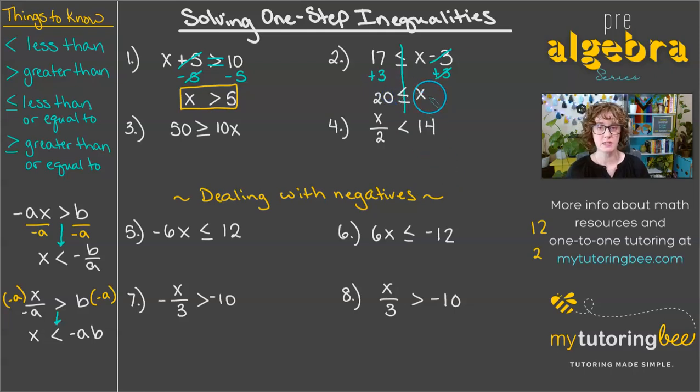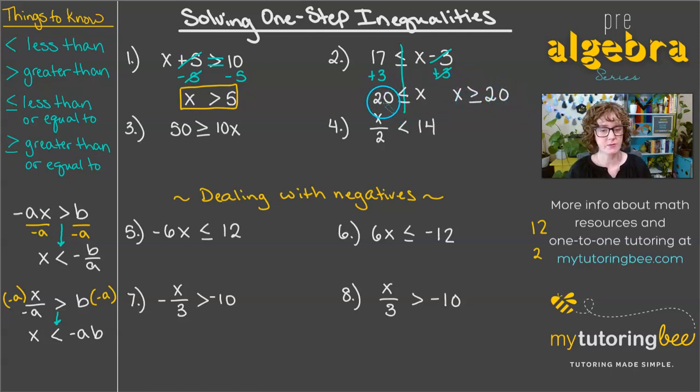Now, some students like to rewrite this whenever we have the variable on the right-hand side, so that the variable is first, and that's perfectly fine. So we can start off with x, but if we're going to flip that x over to the other side, we also have to flip this symbol. So we need to write it as x is greater than or equal to 20.